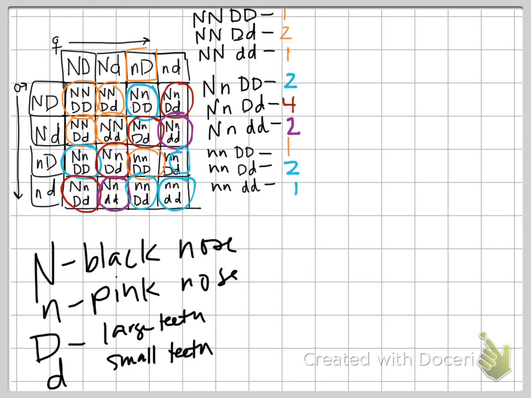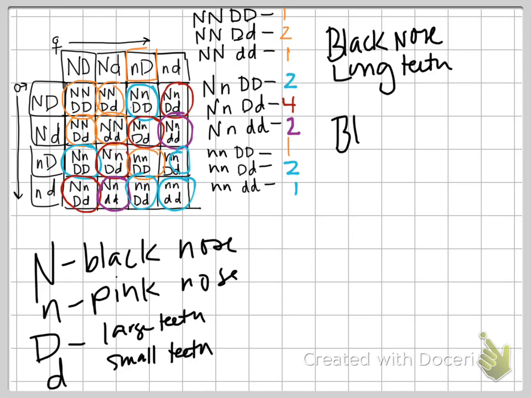How many phenotypes do we have? Well, how many? You think there are 16 phenotypes? Well, let's see. So we could have an individual who comes out with a black nose and long teeth, right? We could have an individual who comes out with a black nose but short teeth.